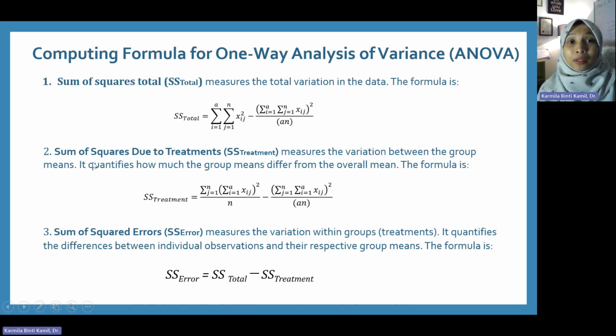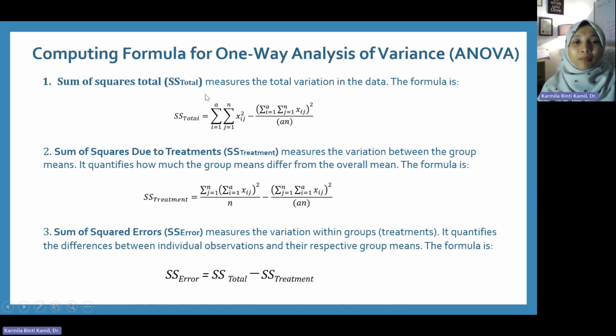Just now we can see from the table that we have SS total. Remember, the first thing that we need to find is SS total. What is SS total? It measures the total variation in the data of our experiment.